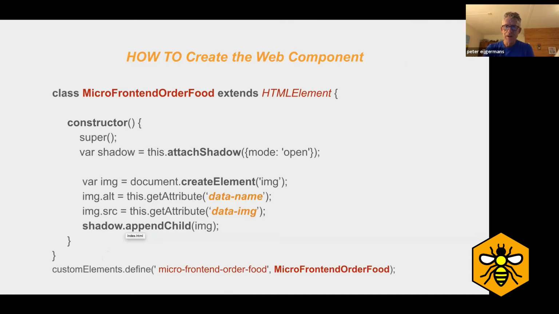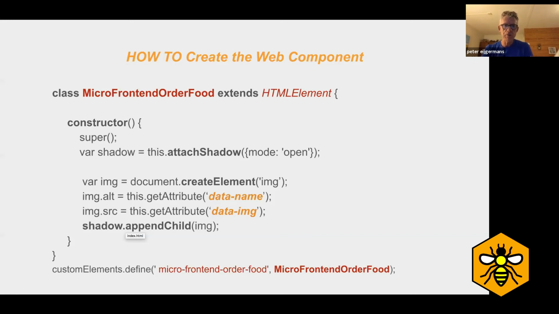Okay, let's put pages together. Here you see an index HTML. It's nothing more than a very simple one. You see here my web component I showed you already with the name and the image, and you see that it is already rendering here. At the end I load here a JavaScript, and it looks quite the same as what I showed you already.